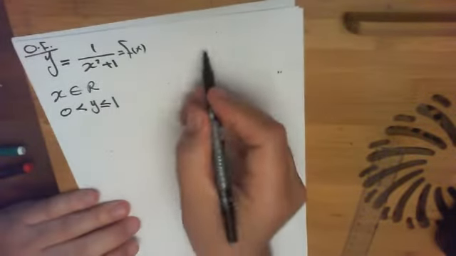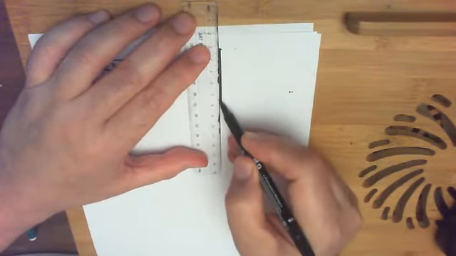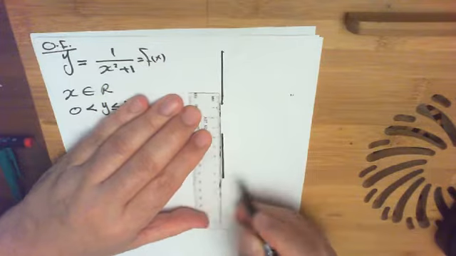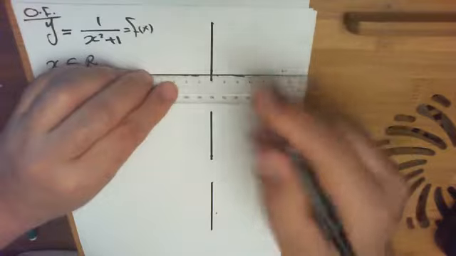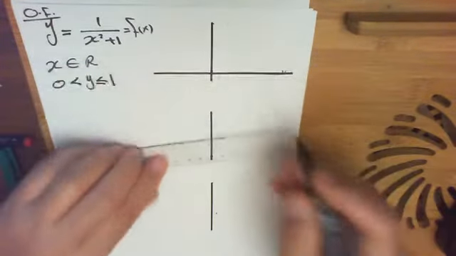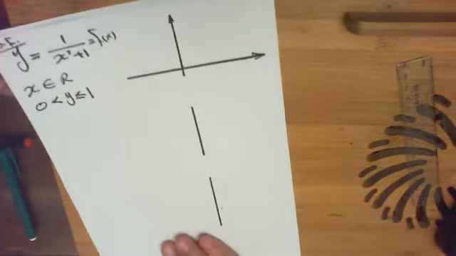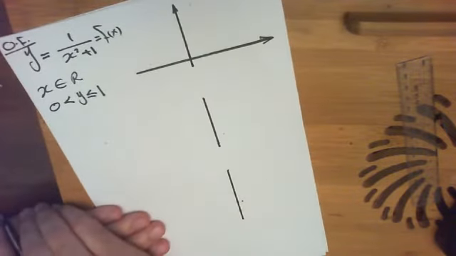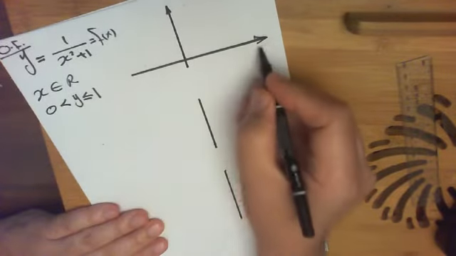Now, how is its graph? As you remember, as x approaches infinity or minus infinity, we have what we call a horizontal asymptote. When x approaches infinity or minus infinity, y approaches 0, and y equals 0 is the x-axis.